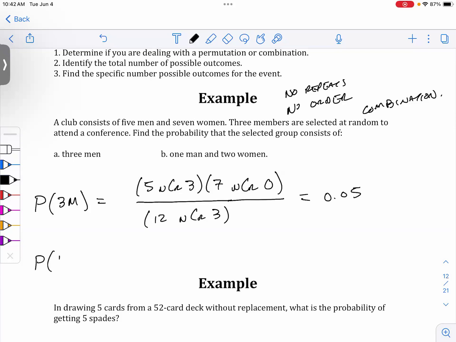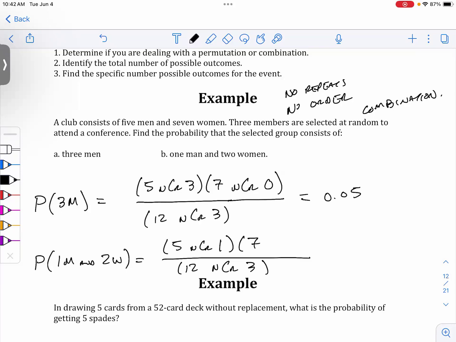If I want 1 man and 2 women, the denominator is going to be the same, still 12 NCR 3. And then of the 5 men, I'm selecting 1.